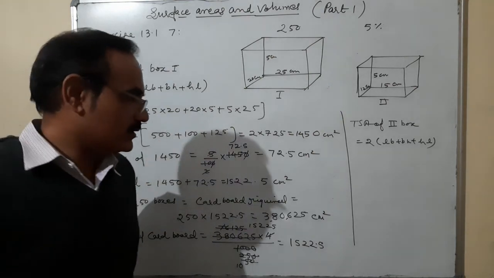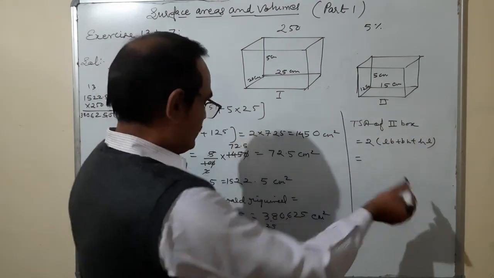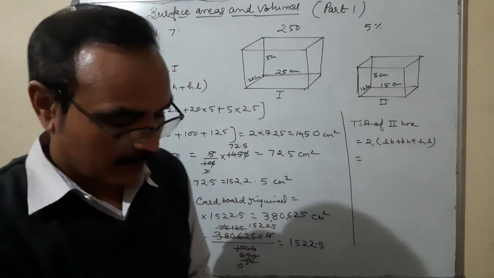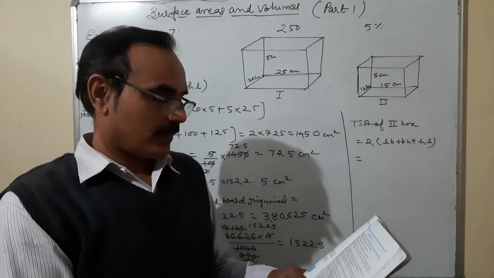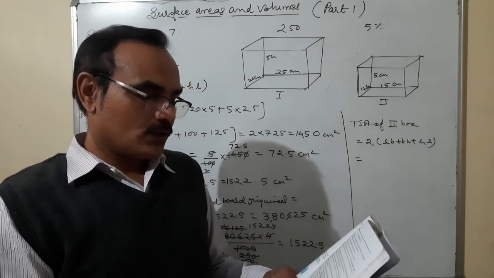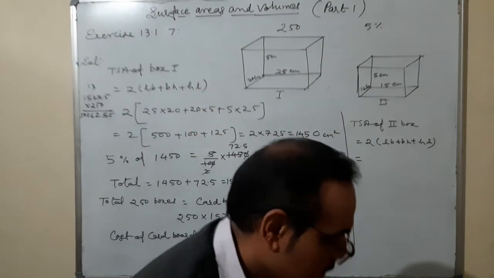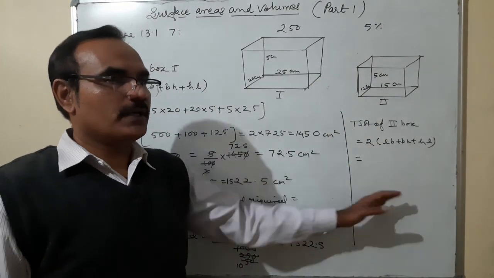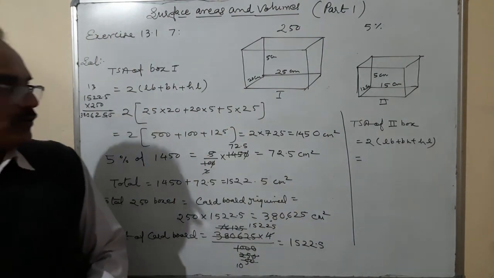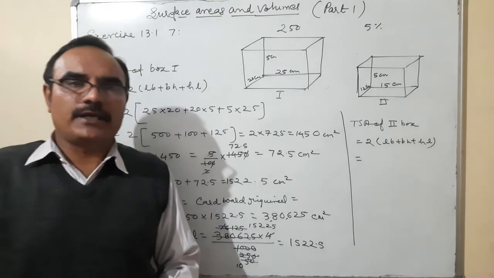So we'll find out the value of it, putting the values, getting the result, and after that adding it, because in the question they are asking to find the cost of the cardboard required for supplying 250 boxes of each kind. Okay, so one cost is this, and second we have to find the cost of 250 of it, and find the area of it. I hope you will solve this question continuously and get the result. Okay, thank you.